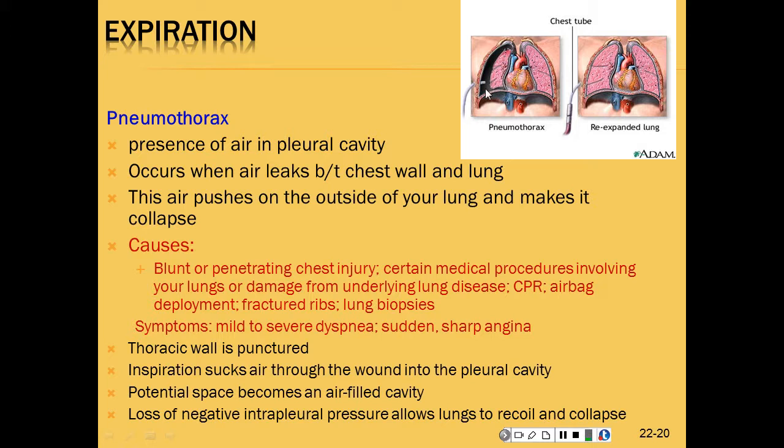They will puncture the thoracic wall and suction out the air within that particular pleural cavity. And hopefully the air-filled cavity goes back to being a potential space.